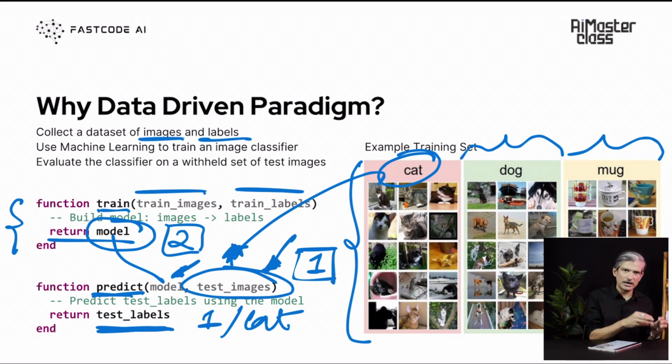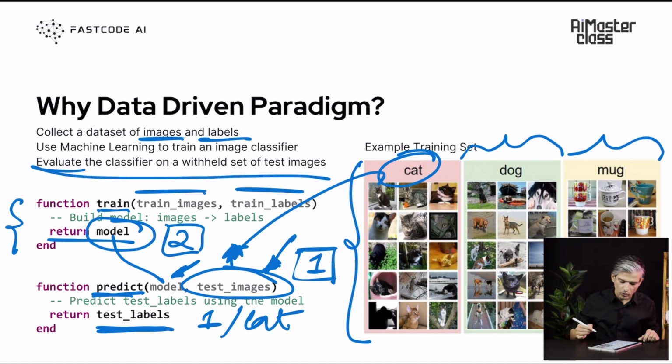So this is essentially the data-driven paradigm, where we start with a data set of, let's say, our data and their corresponding labels. We then use machine learning to train a classifier, a regressor, a model of any kind, and then we evaluate that model on a so-called withheld set, the test set. We will understand this in a lot more detail.